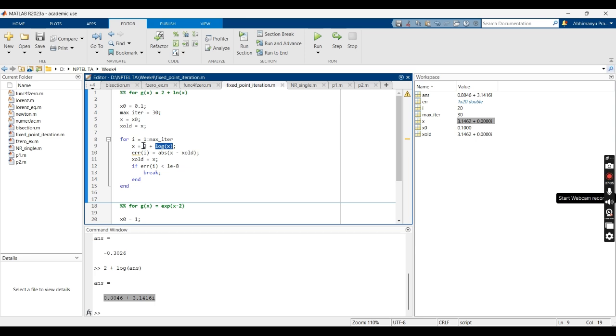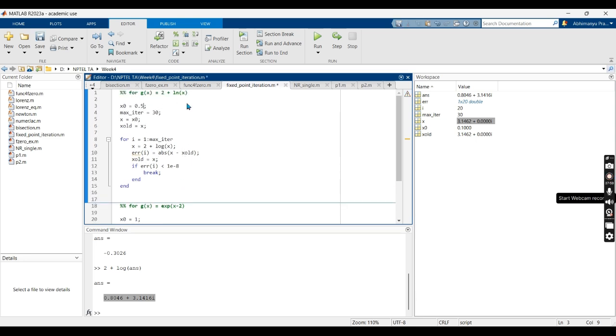So after every iteration, whatever new x we are getting, we need to check whether g(x) is defined for that x or not. If g(x) is not defined, then we need to output an error that the function g(x) is not defined for the current x, and the program will give an error, right?